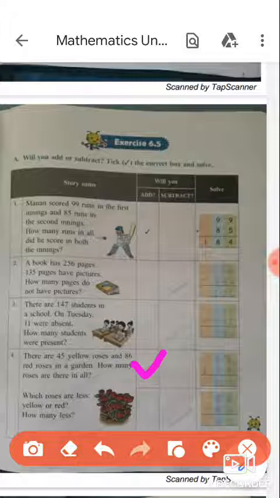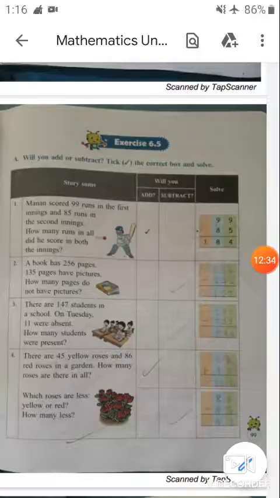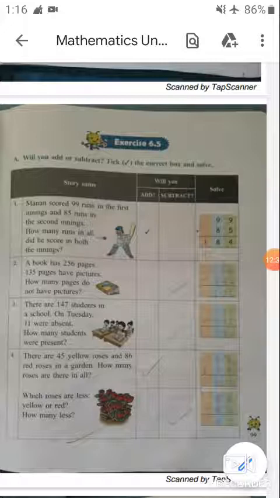To do this, you have to add 45 and 86 to get the total number of roses in all. And after this, you have to tell which roses are less, yellow or red, and how many less. So I hope you understood how to do this question. Do it in your copy.